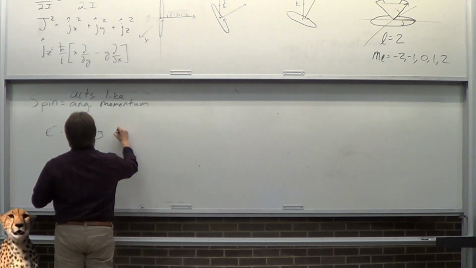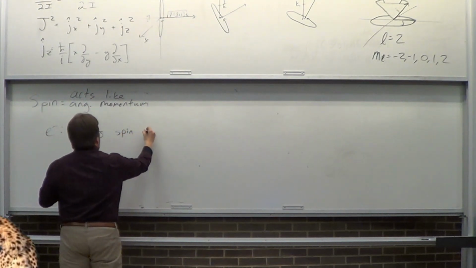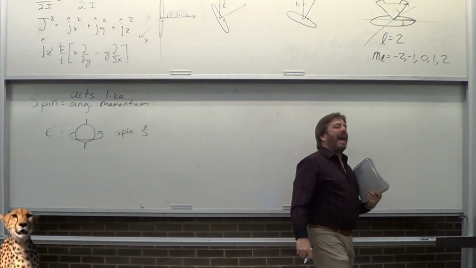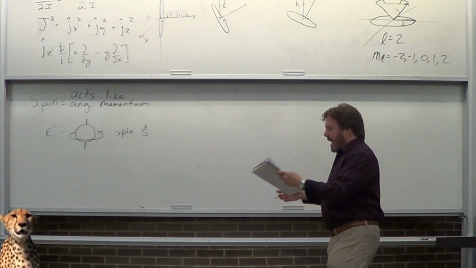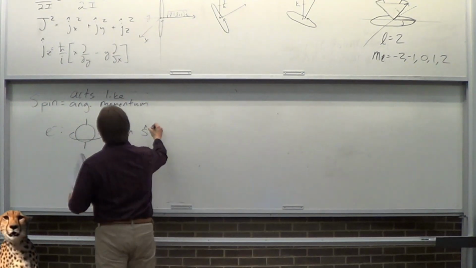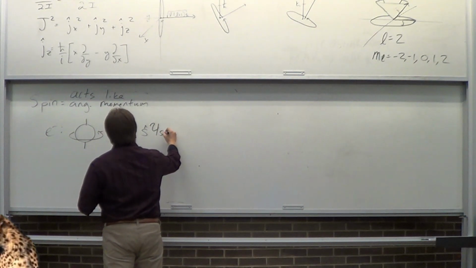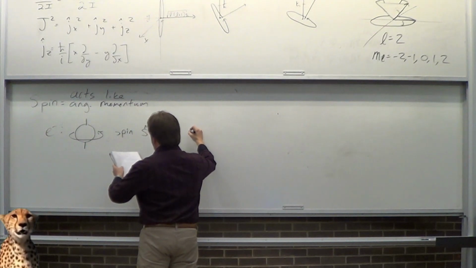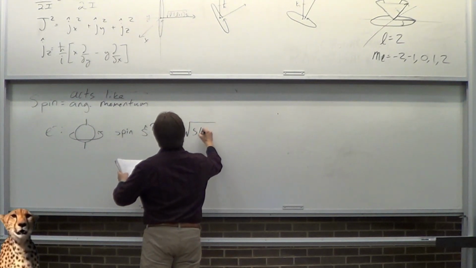The spin, instead of a J operator, it's going to be an S operator. And if it acts on a spin wave function, it returns the following: square root of S times S plus 1.